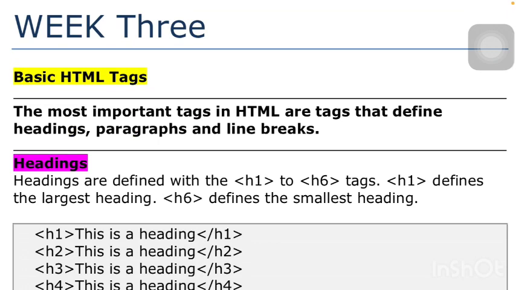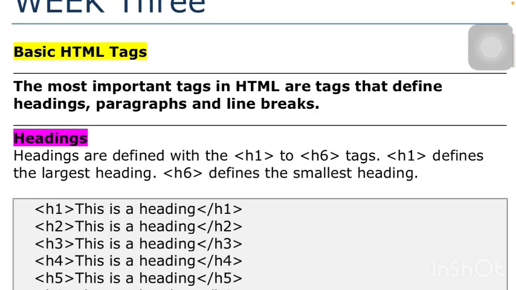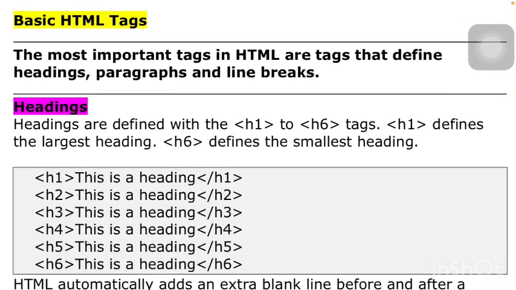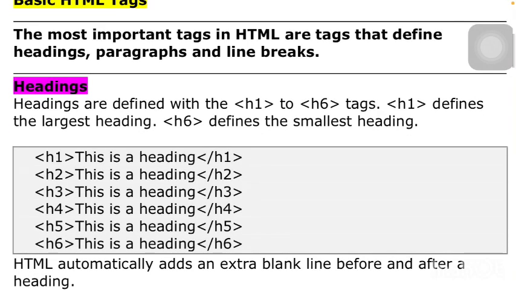Now, the basic HTML tags. We have the headings, from H1 to H6. When you enclose a letter or a sentence in any of these tags, it gives an instruction.